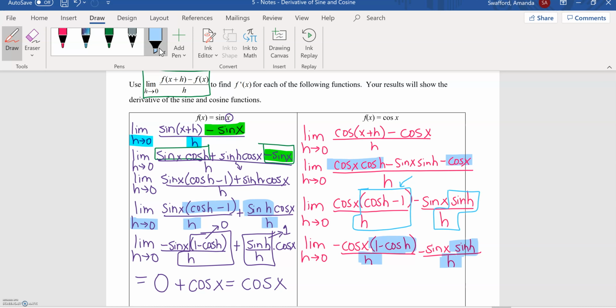As h goes to 0, this term will go to 0, and this will go to 1. So if I clean up, all of this first term has gone to 0, this has gone to 1. The only thing left is minus sine x. So actually, the derivative of cosine x is negative sine x.